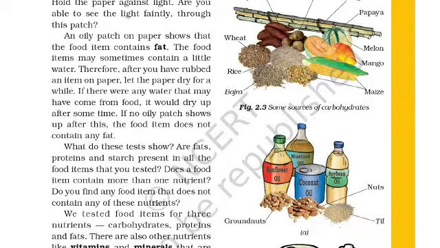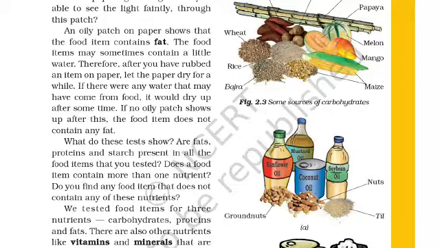You can check whether an item has fat, protein and starch all together. Do you find any food item that does not contain any of these nutrients? At that time you have to check whether any of the nutrients are found or not.